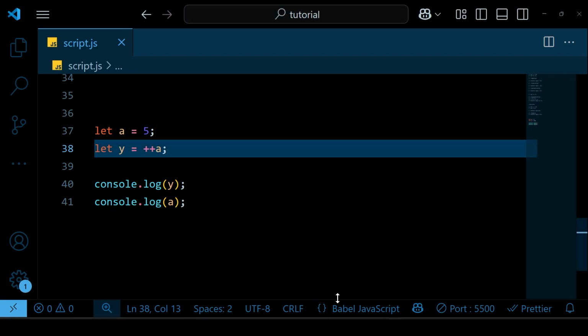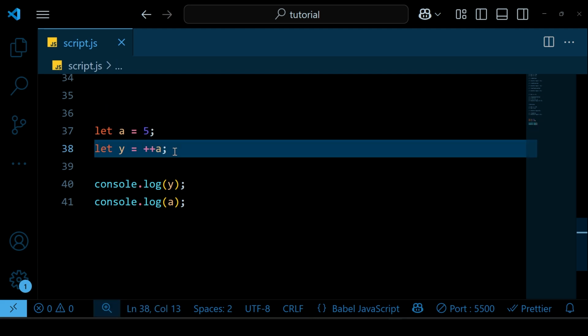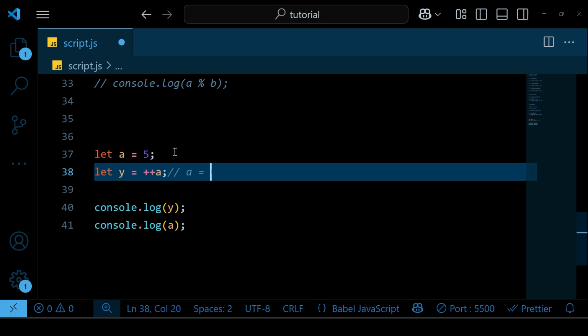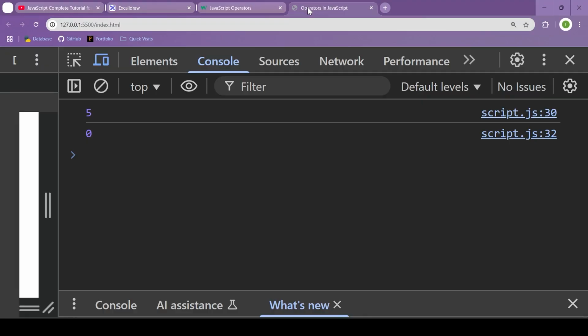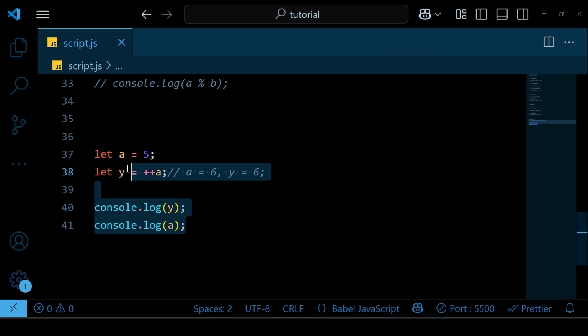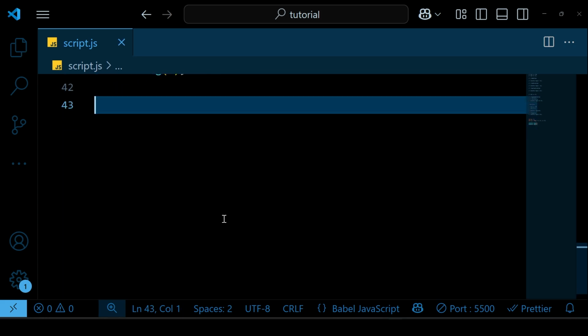So if we first increment the value of this 5, it would become 6. So your a will be 6 and your y will also be 6. So your output will be simply 6 and 6 for both. See, no issues, right? A very simple example. So let's have one more example.